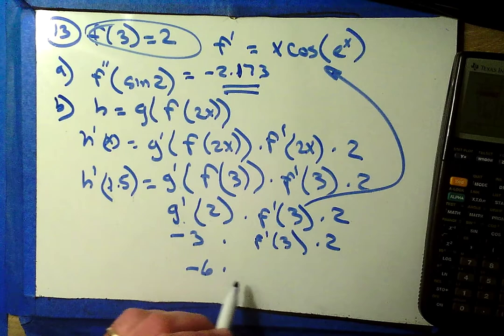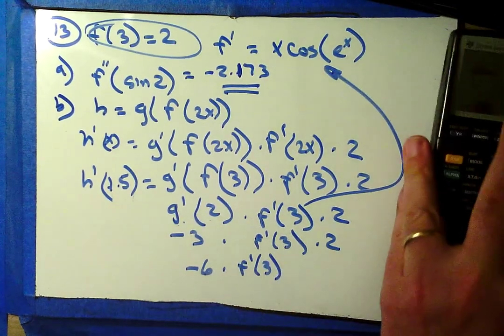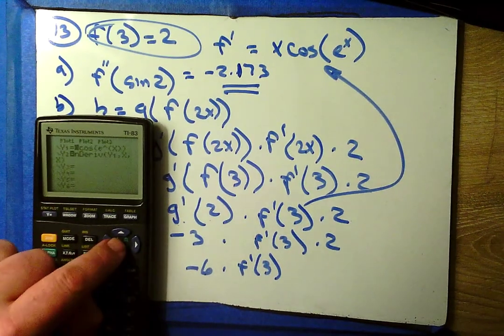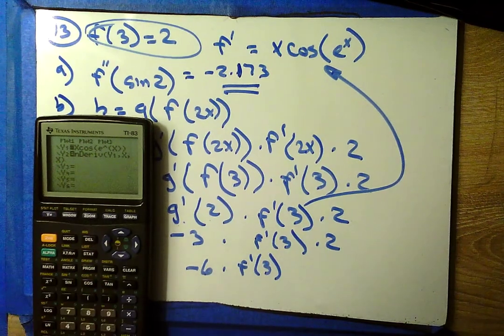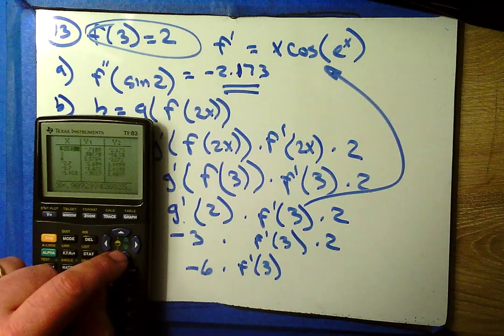So I've got negative 6 times f prime of 3. And I'm going to do f prime of 3 on my calculator. At least I hope I am. This is f prime, so I'm going to turn that one back on, and I want f prime of 3.